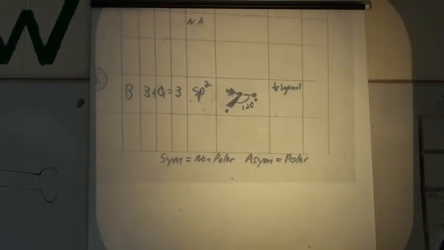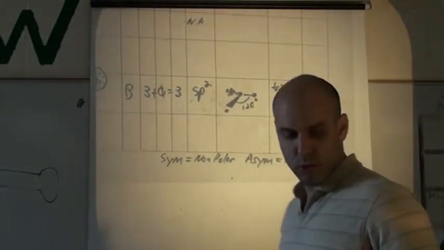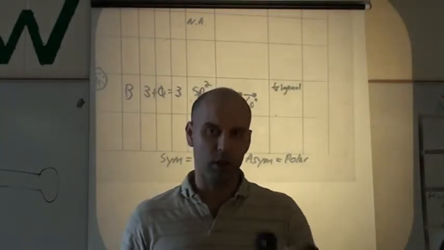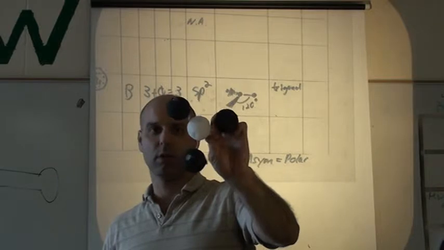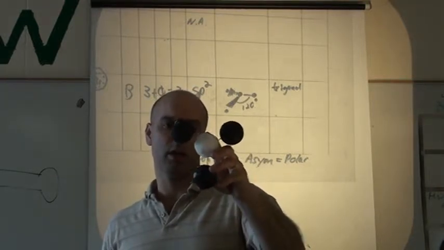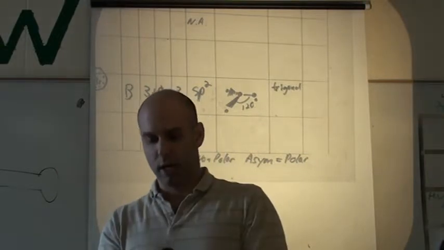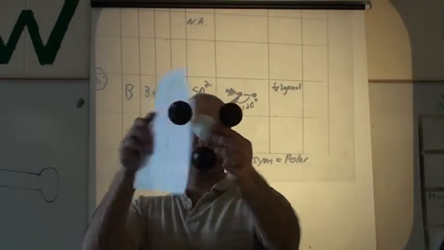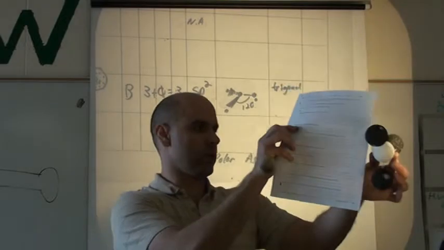What's asymmetrical again? Asymmetrical means no symmetry. And you determine that by looking at the bond lengths, the bond axes. So I take my little thing here, and I chop it along the toothpicks, the bond lengths.